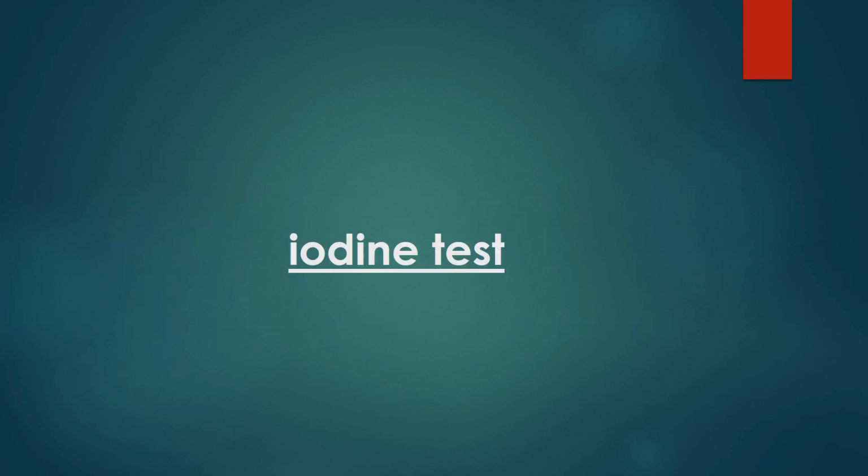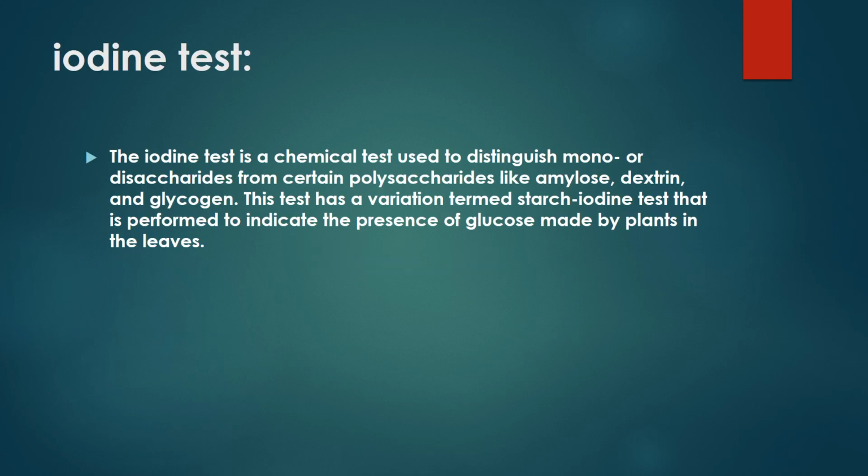Now we are going to talk about the iodine test. Iodine test is a chemical test used to distinguish mono and disaccharides from certain polysaccharides, like amylose, dextrin, and glycogen. This test has a variation termed the starch iodine test.